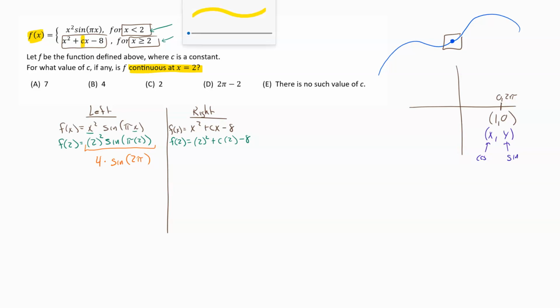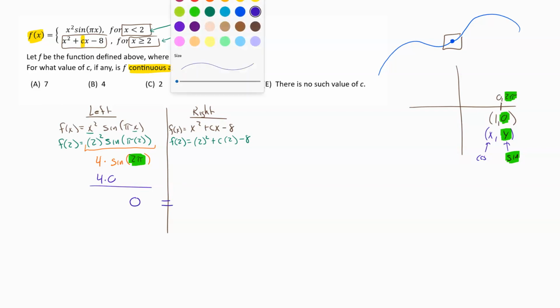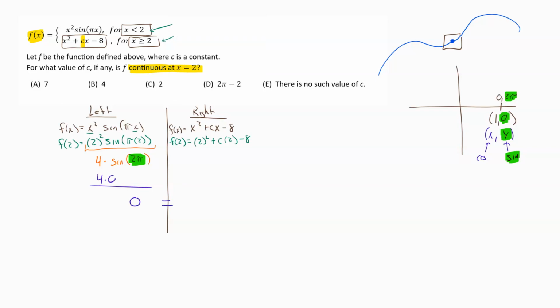So here we're looking to find the sine of 2 pi. We want the sine value at 2 pi, which means we want the y value at 2 pi, which would be 0. So out of there, I would end up with 4 times 0. On the left side, this all would equal 0. And then I need to set that equal to whatever I get off of the right-hand side.